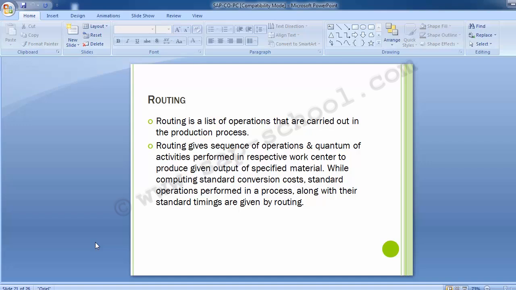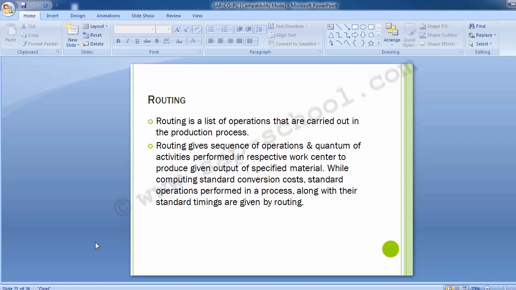While computing standard conversion costs, standard operations performed in a process along with their standard timings are given by routing. So in addition to a BOM, a routing or a master recipe is created to indicate the processes required to produce a material.